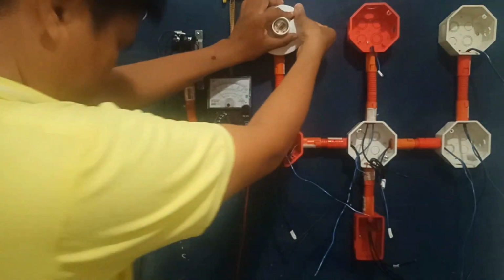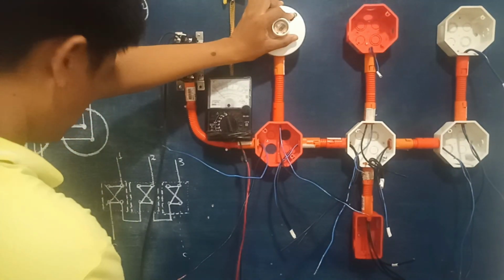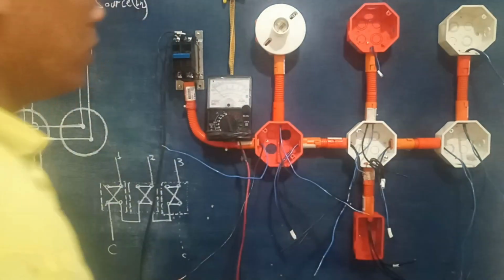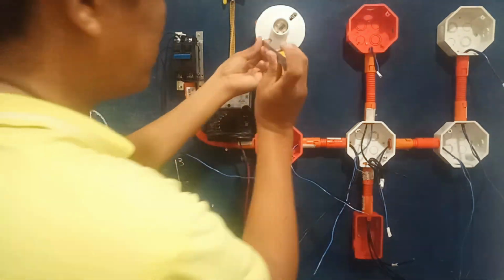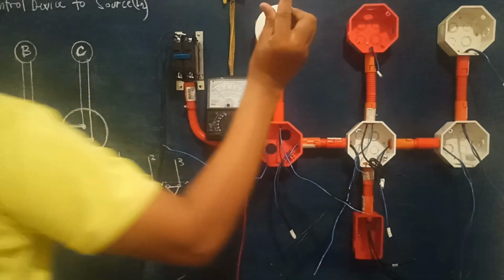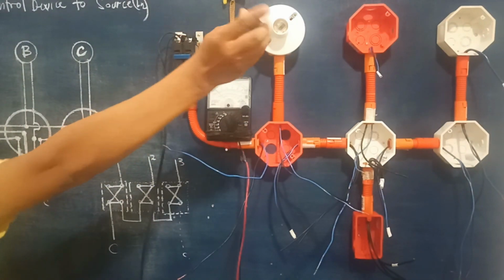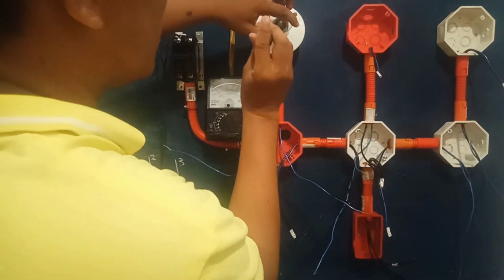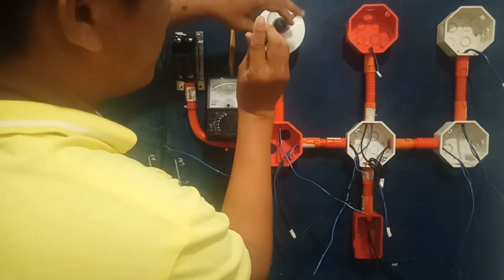Put some screw. Okay, and the other side also for the first bulb or bulb A. This one, put the bulb right away.